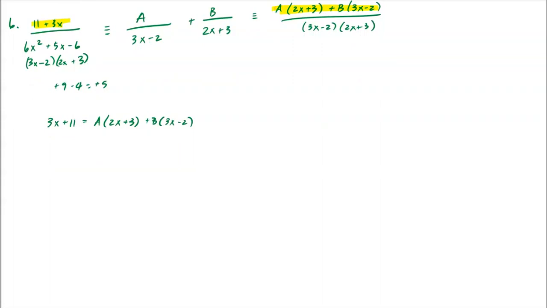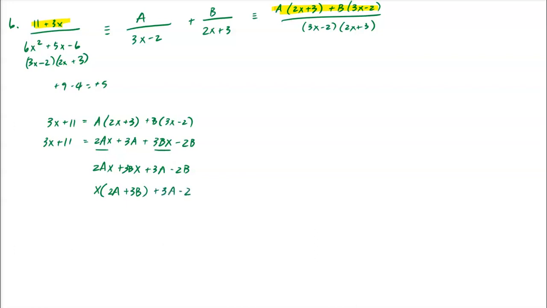So we have 2ax plus 3a plus 3bx minus 2b equals 3x plus 11. Let's gather up the x's: 2ax plus 3bx plus 3a minus 2b. Collect the x: 2a plus 3b, plus 3a minus 2b.